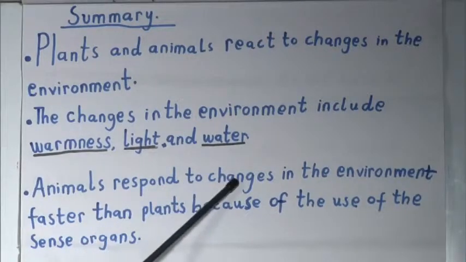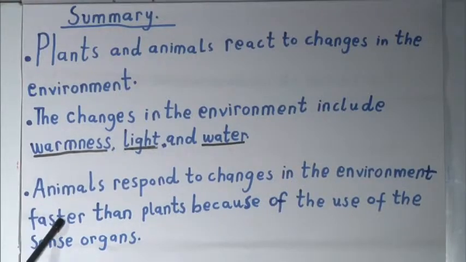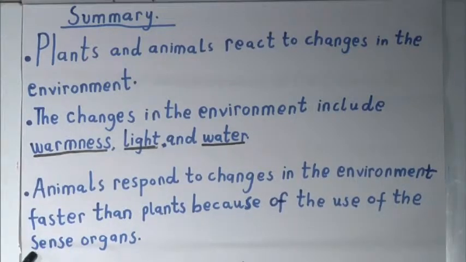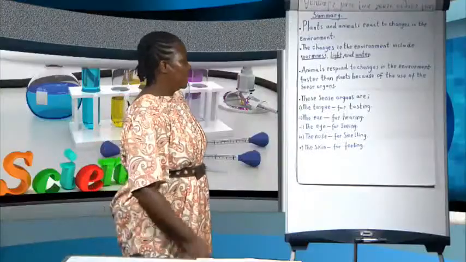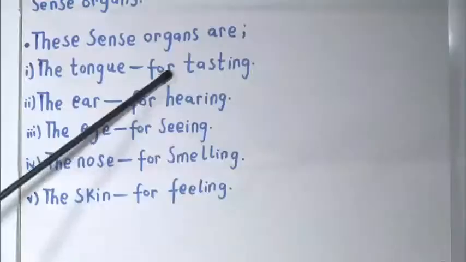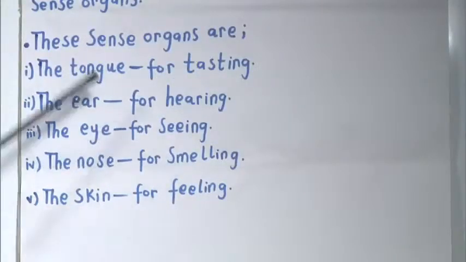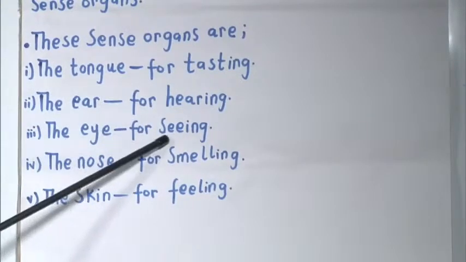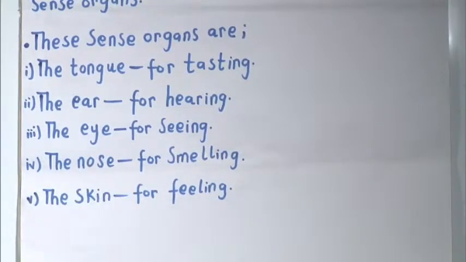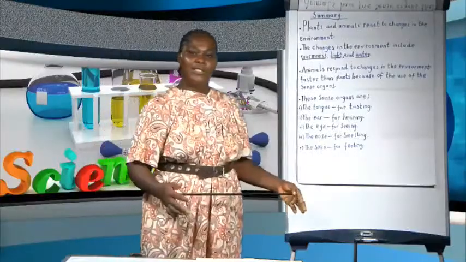Animals respond to changes in the environment faster than plants because of the use of the sense organs. These sense organs are the tongue for tasting, the ear for hearing, the eye for seeing, the nose for smelling, the skin for feeling. Well done, learners.